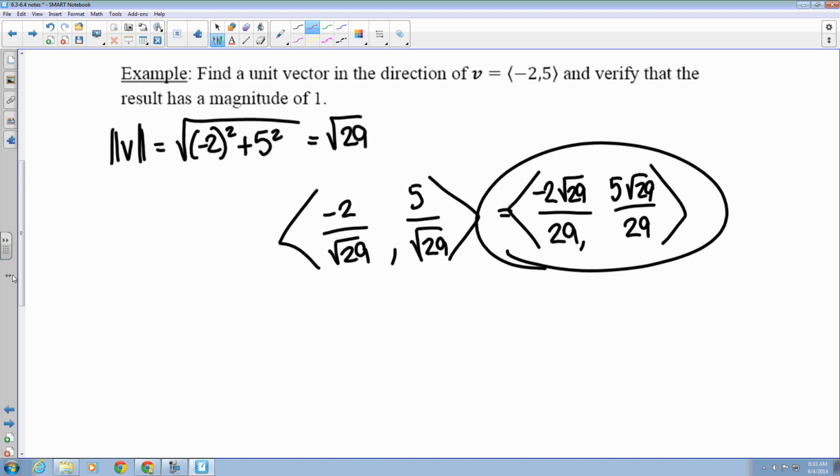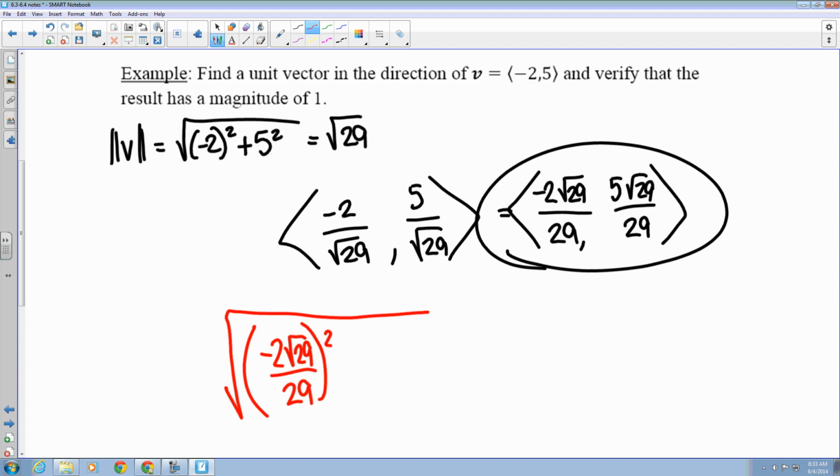Now to prove that it has a magnitude of 1, I take the component form, square both terms. You could have also left it in this form too if you'd rather not have all the extra 29s everywhere.